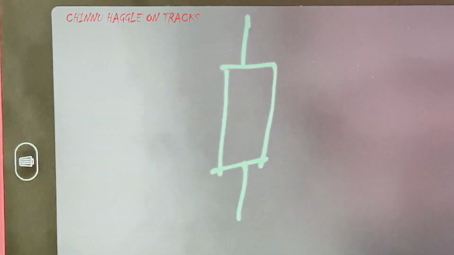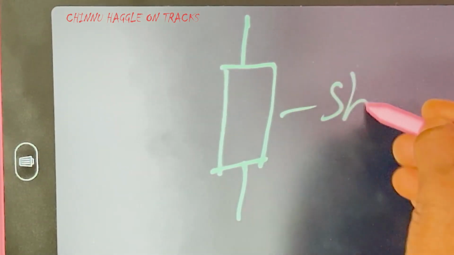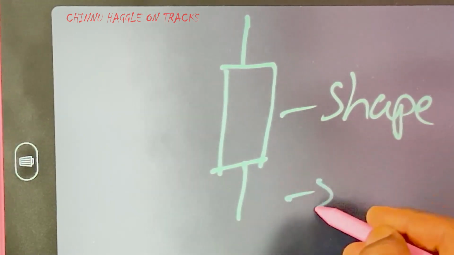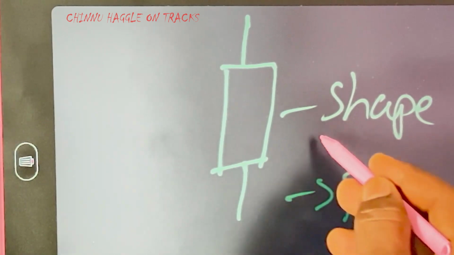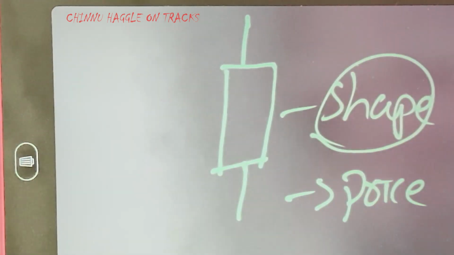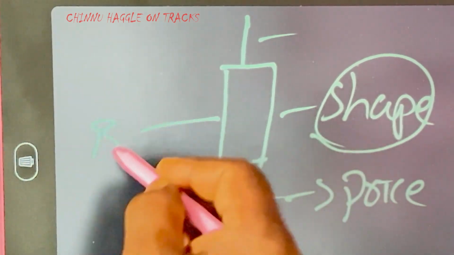Okay, coming to the parts of the candle. To understand the parts of the candle, we can look at it shape wise or price wise. Taking shape as the perspective, it has wicks as well as a body.